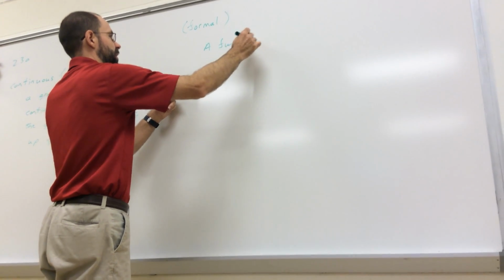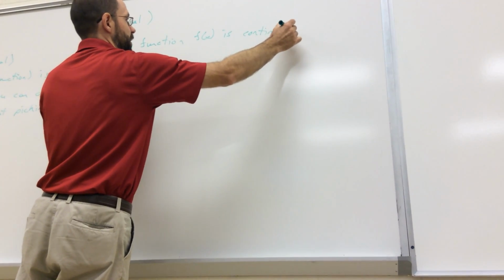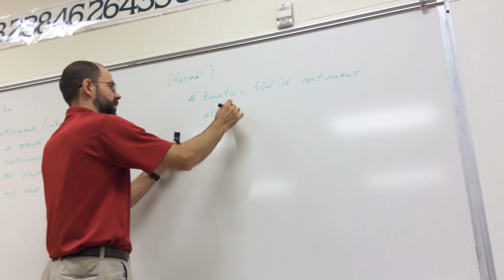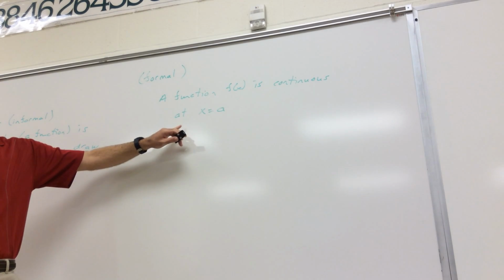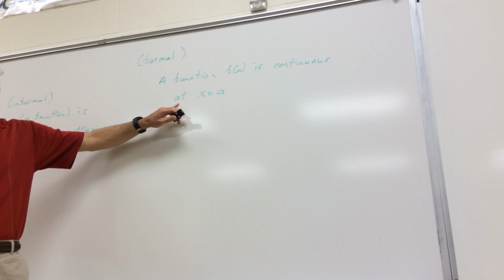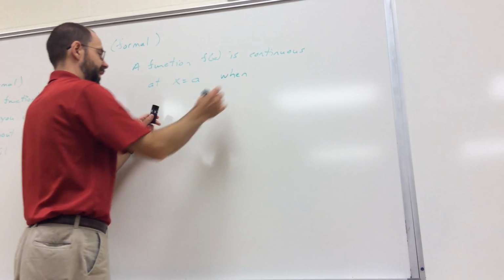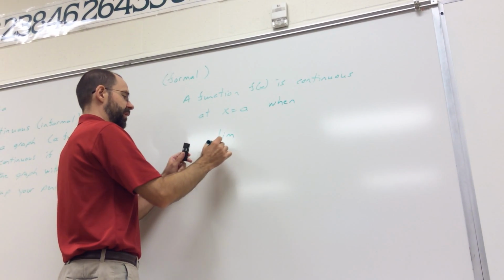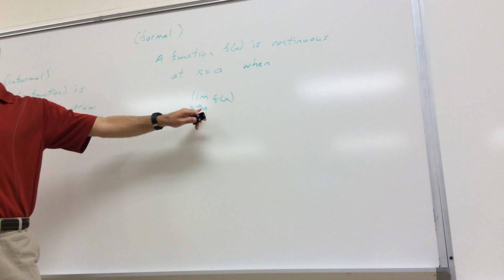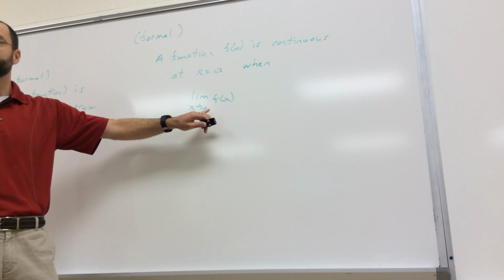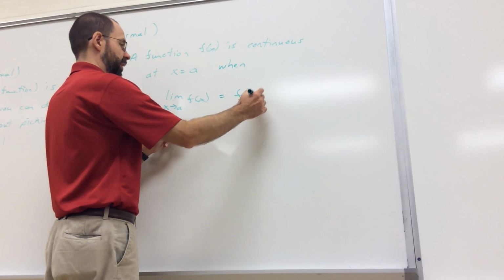A function f of x is continuous at x equals a when the limit as x approaches a of f of x, so you can see why this is a calculus definition because it's got a limit in it, is equal to f of a.